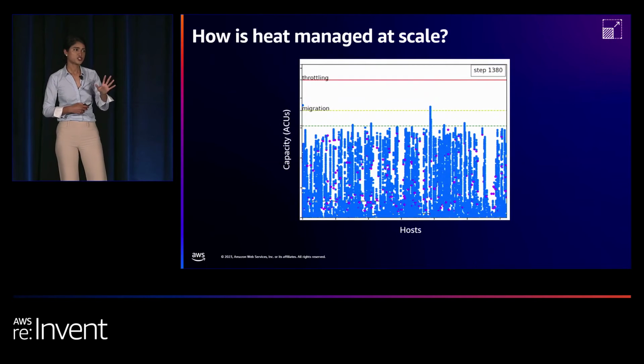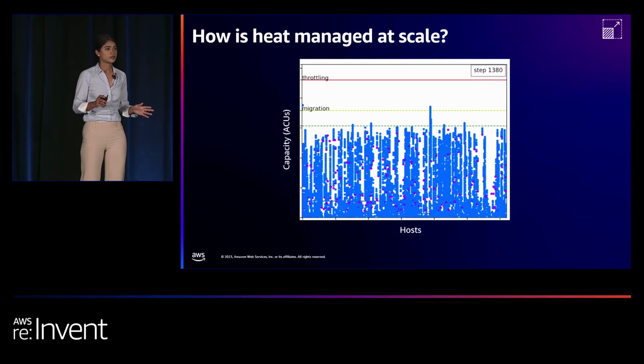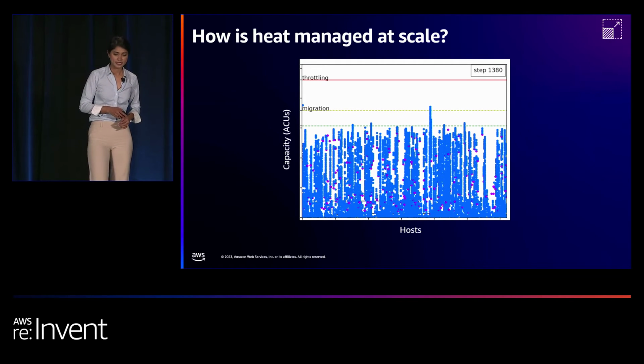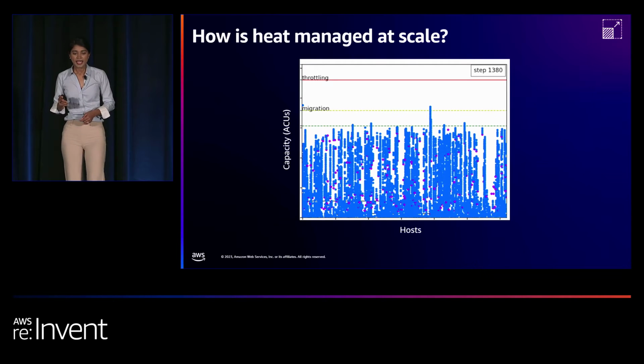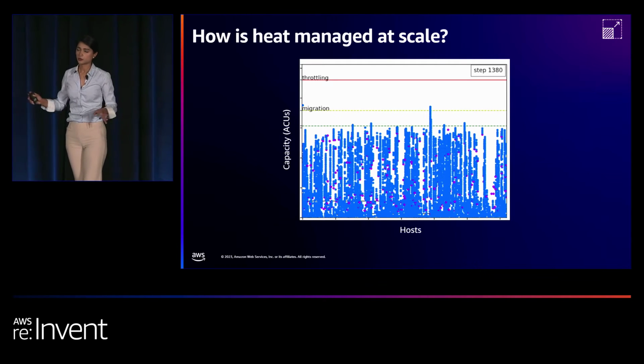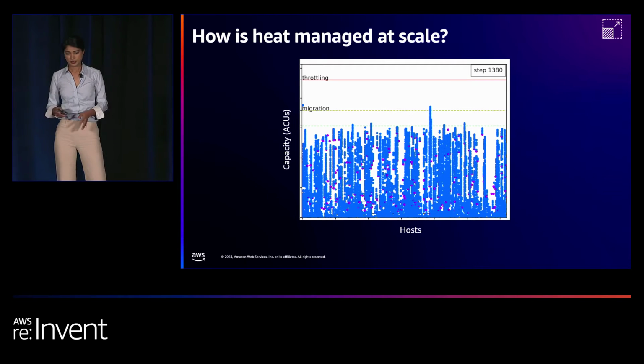Now, this is just a little sneak peek into how we manage heat at scale. What you're seeing on the graph is host numbers on the x-axis and capacity on the y-axis. Each blue dot represents an instance, and the purple dots scattered all over are very, very large instances.